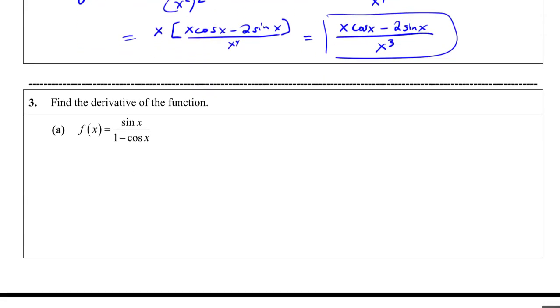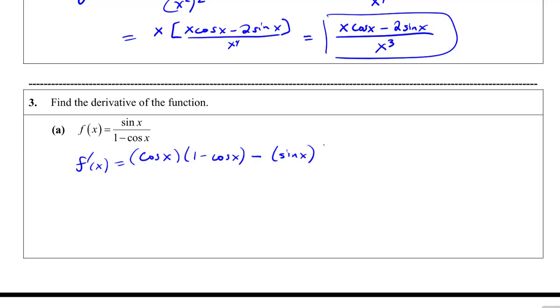Okay, another derivative. But what do I see? I see a quotient. So f prime of x, derivative of the top, cosine x, times the bottom as it is, 1 minus cosine x, minus top as it is, sine x, times the derivative of the bottom.